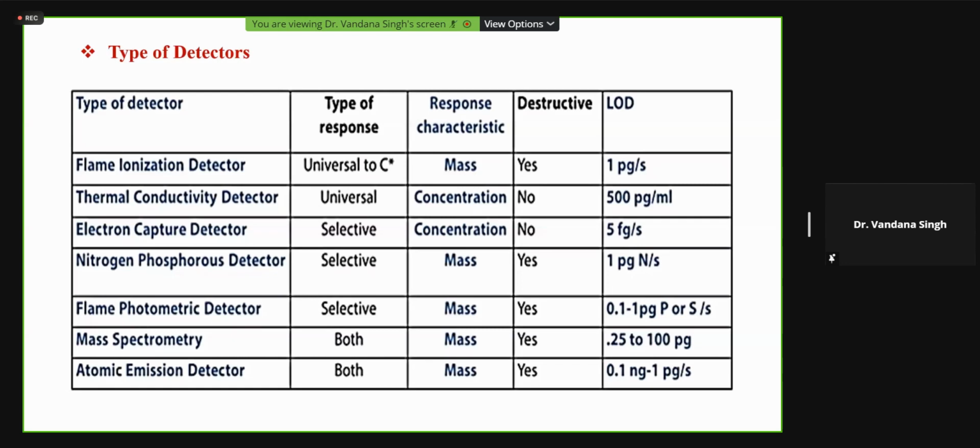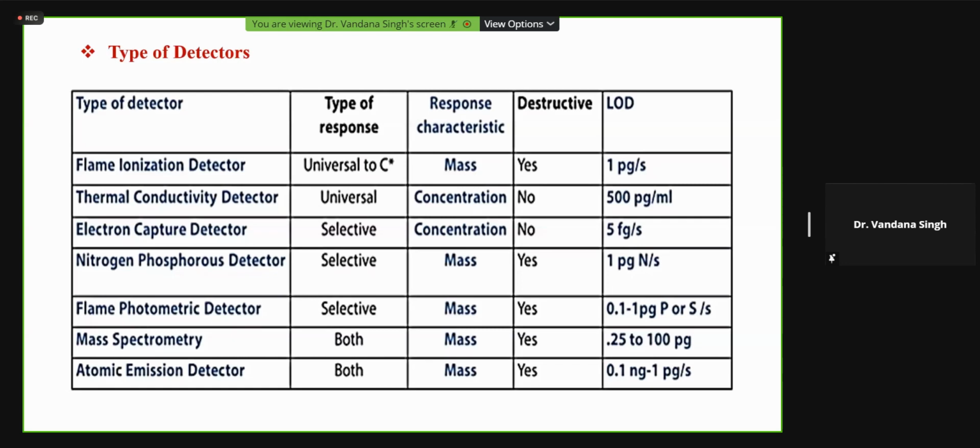So if we are using a packed column, we get peaks of triangle shape, and if we are using the capillary column, then we will get straight line, very sharp peaks, showing their better resolution.